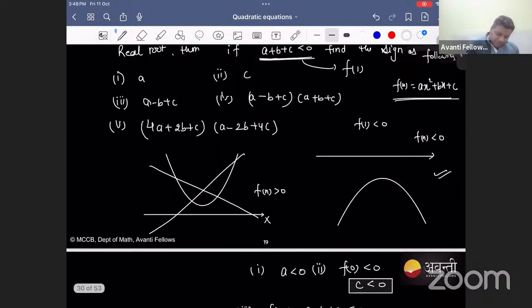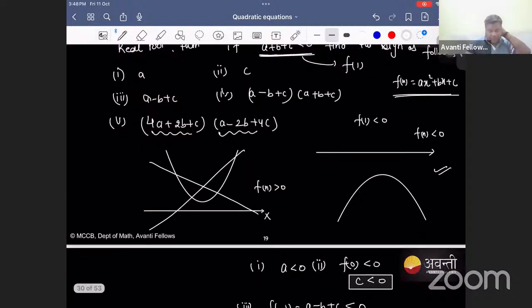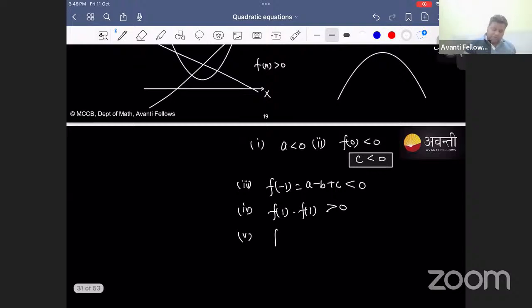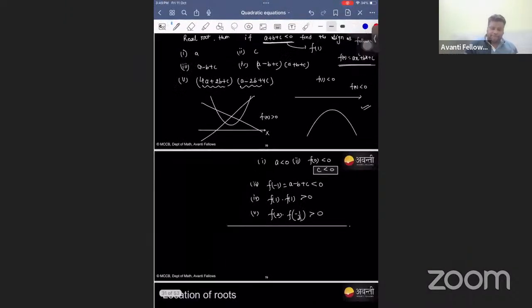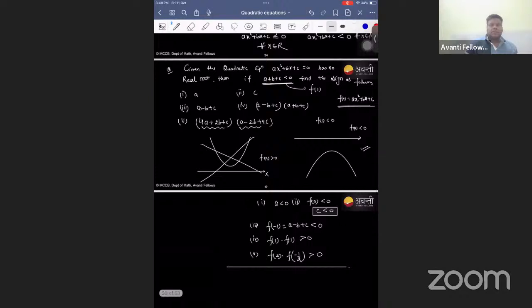Fifth, if you realize, this is f of 2 into f of minus 1 by 2. Both are negative, so this product is also more than 0. Got it? See once.